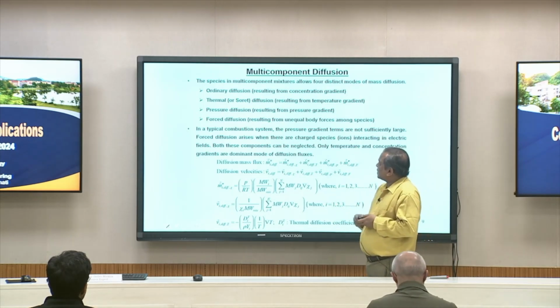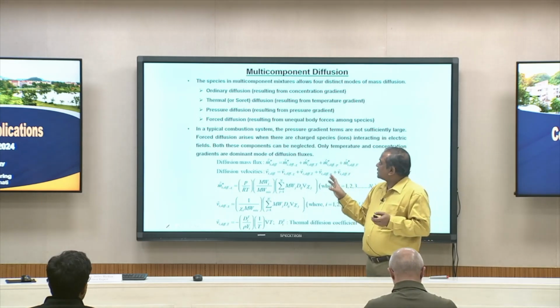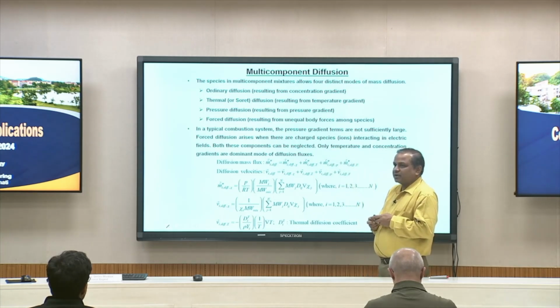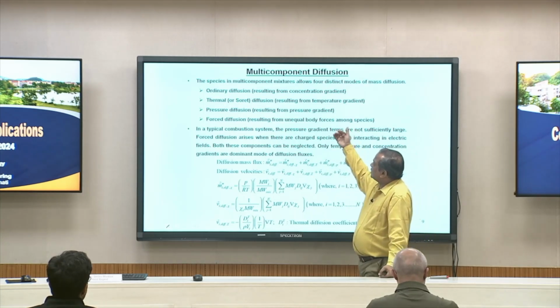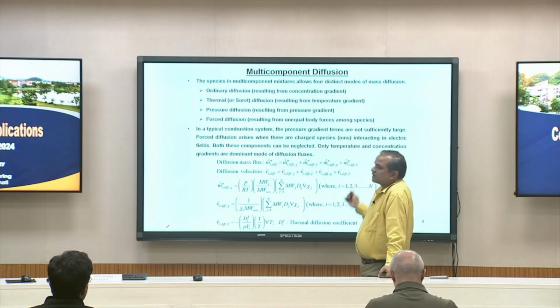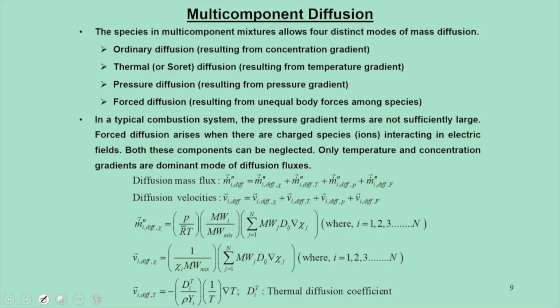Next is thermal diffusion. The word thermal diffusion is a generic term, but specifically we call this Soret diffusion, because he framed the effect of diffusion resulting from combustion, which is mainly due to temperature gradients. When there are large temperature gradients, the Soret diffusion equation has to be taken into account.